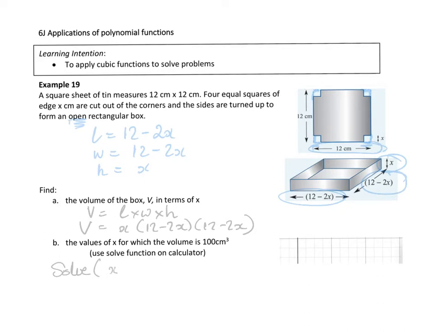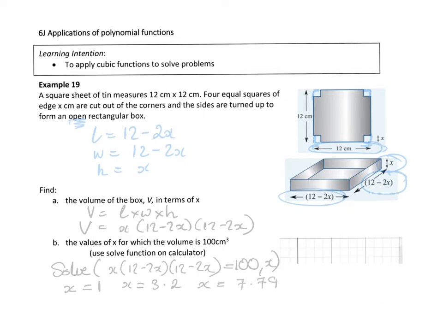It is x times (12 minus 2x) times (12 minus 2x), and we want that to equal 100, comma, x. And when you put that into your calculator, you get x equal to 1, x equal to 3.2, and x equal to 7.79.